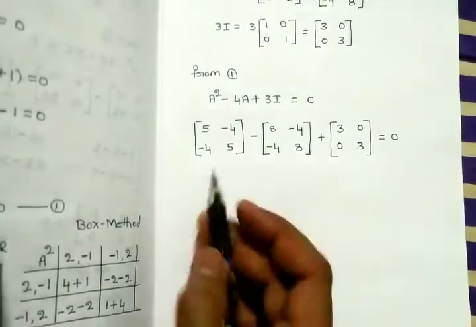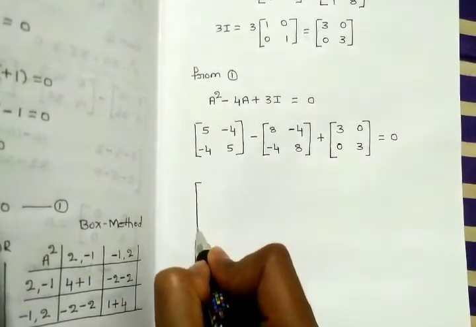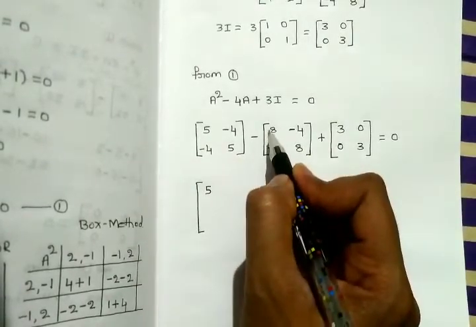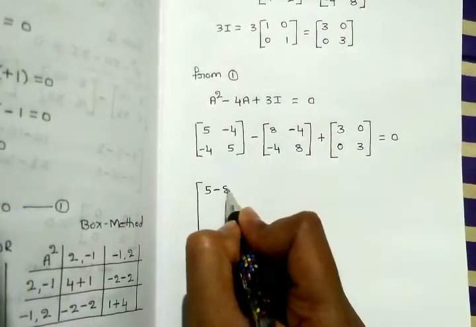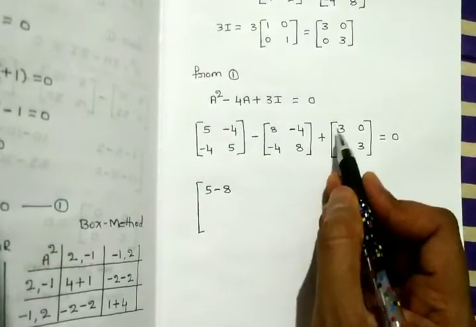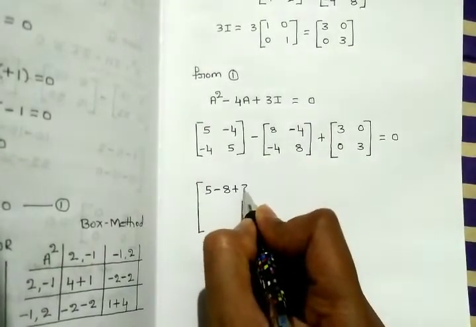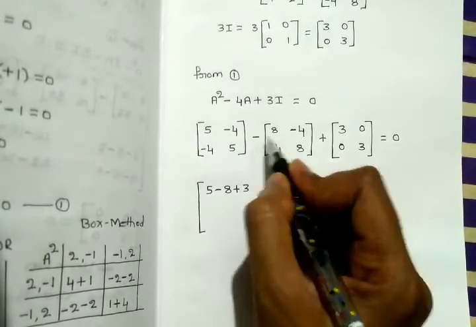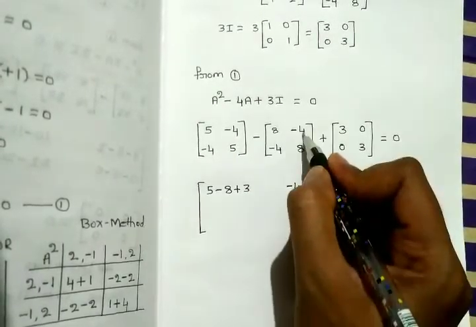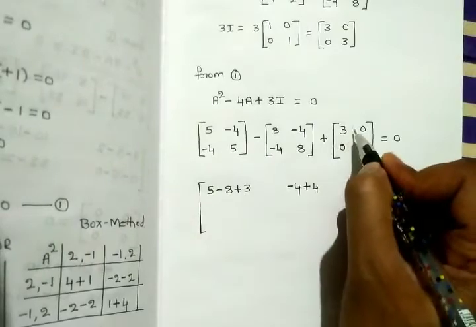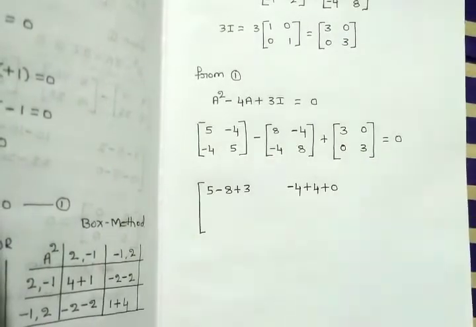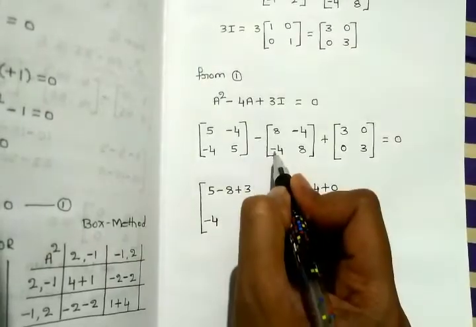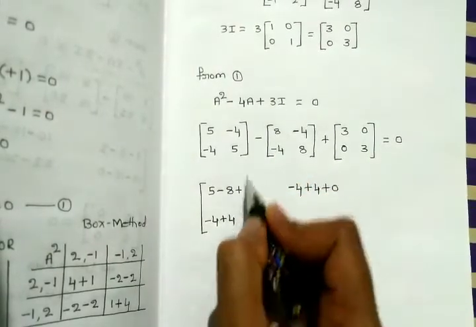Next, add and subtract now. In the matrix, first element 5, minus into plus is minus 8. Next plus into plus is plus 3. Next, minus 4, minus into minus is plus 4, plus into plus is plus 0. Next, minus 4, minus into minus is plus 4.